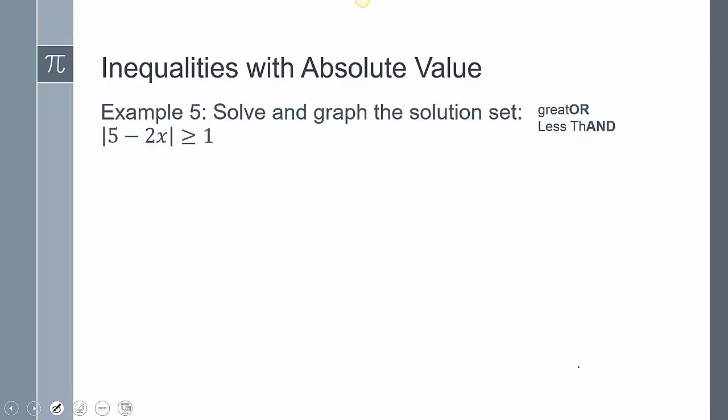Example number 5 says solve and graph the solution set. This time it says the absolute value of 5 minus 2x is greater than or equal to 1. So greater, I'm going to write this as an or statement. The definition says we're going to have the same thing, and the second one is going to be flipped.